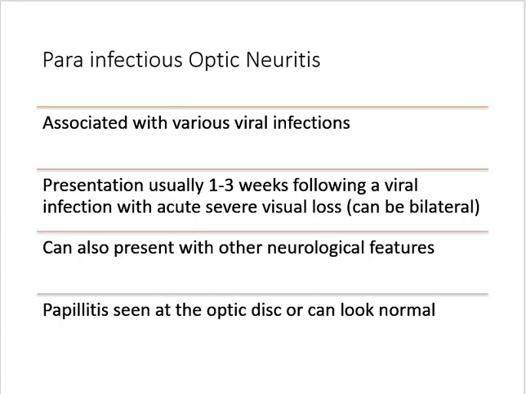Presentation is usually about 1 to 3 weeks following a viral infection, and the patients can present with acute severe vision loss, and it can be bilateral. Patients can also present with other features that are neurological in basis, and these include headache, seizures, or even ataxia. You can see papillitis at the optic disc, so a swollen optic disc. Otherwise, the optic disc can look entirely normal.